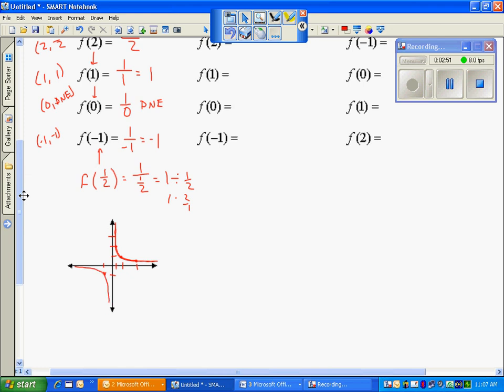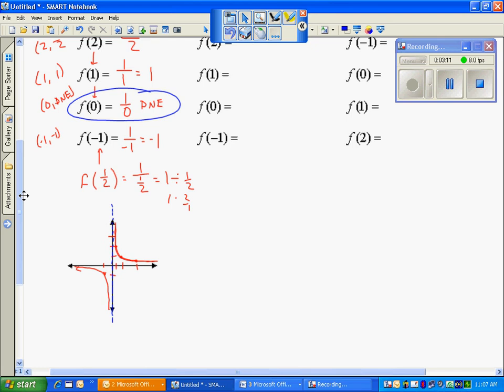Now this idea of when x is 0 does not exist, here's where x is 0. So what we do is we show it by this dashed line, knowing that there is no value there for x. So my graph will never get to the y-axis, which happens when x is 0.